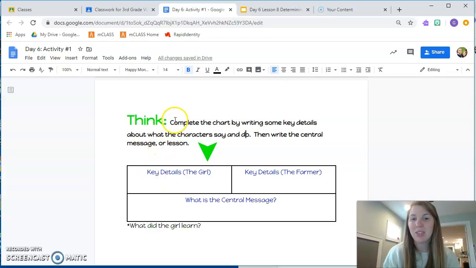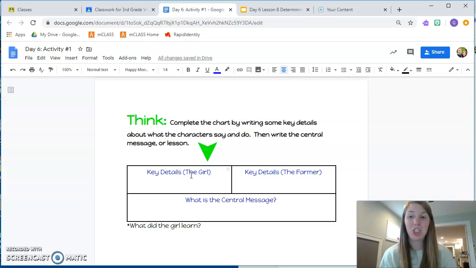Okay. So it says complete the chart by writing some key details about what the characters say and do. Then write the central message or lesson. So I'm going to write some details of the girl, what she says, and what she does. And the same thing for the farmer. What does the farmer say?